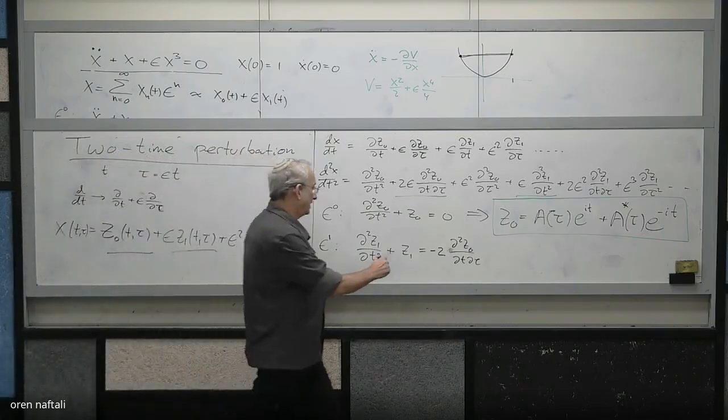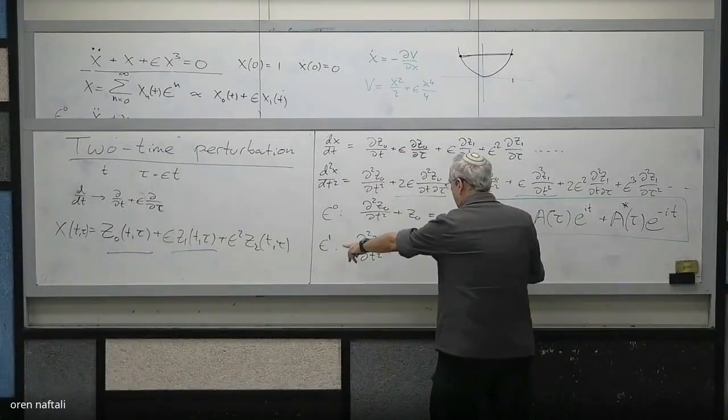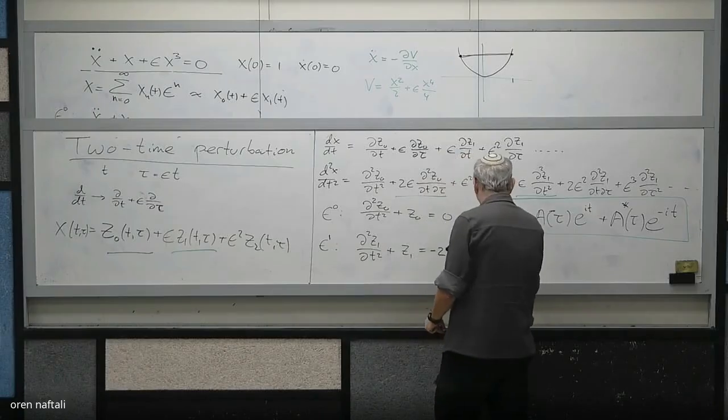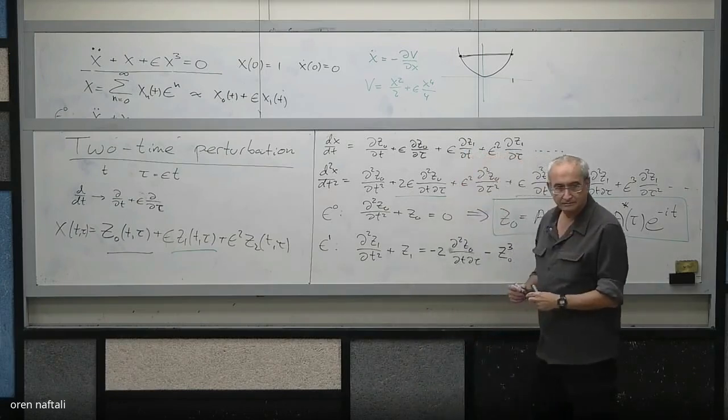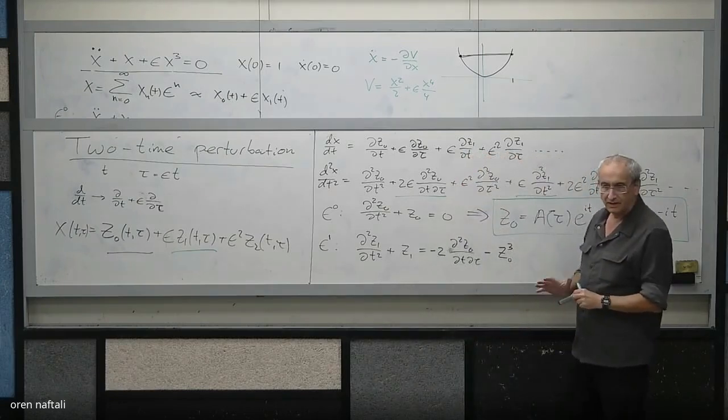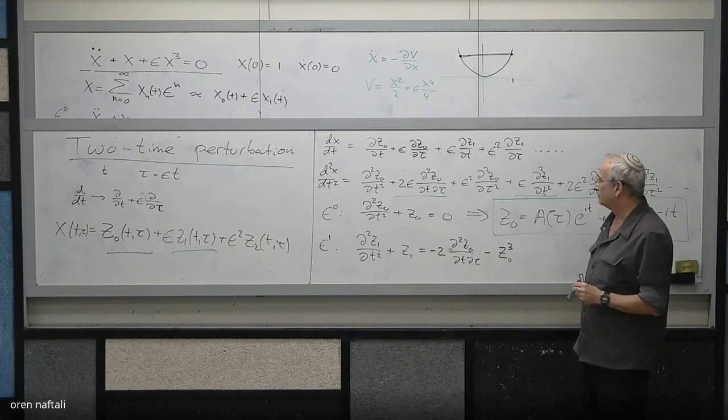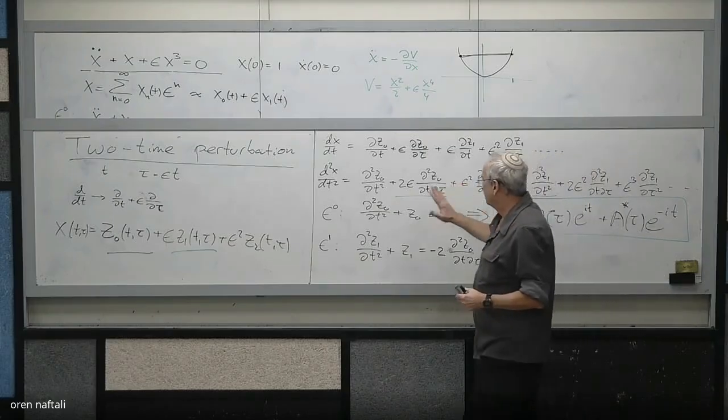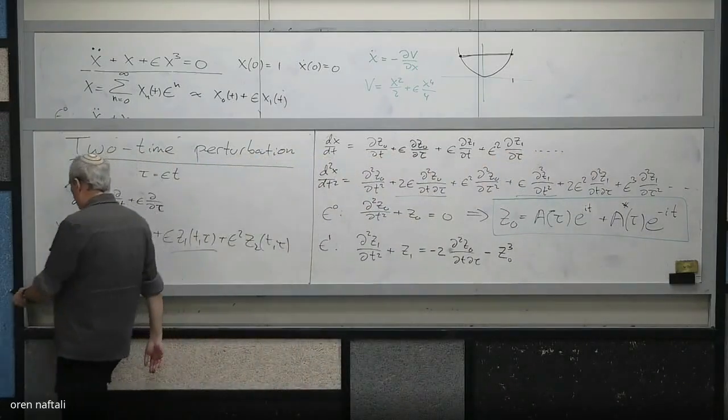So here I have epsilon, which I put aside because everything is epsilon, minus z0 cubed. Okay? Good. This is actually all I need.